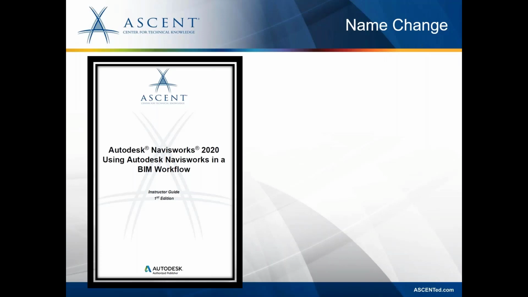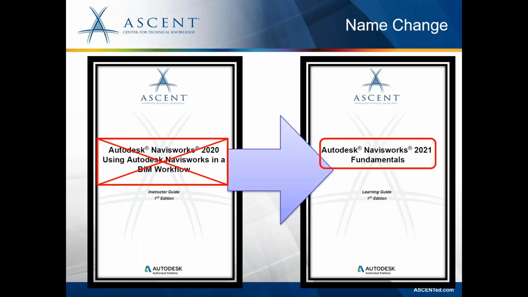So one thing that we did right off the bat is we changed the name. In 2020, it was called Using Autodesk Navisworks in a BIM Workflow. Not only is that a mouthful, but it also got confused quite readily with our BIM 360 book courseware. So therefore, we changed the name to very simple Autodesk Navisworks 2021 Fundamentals.